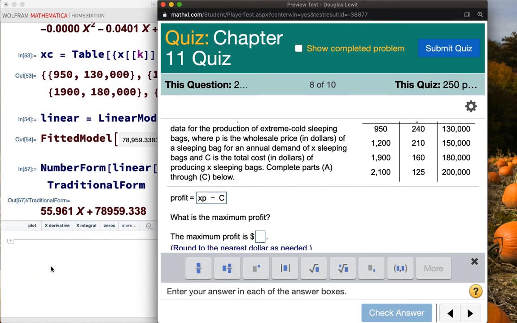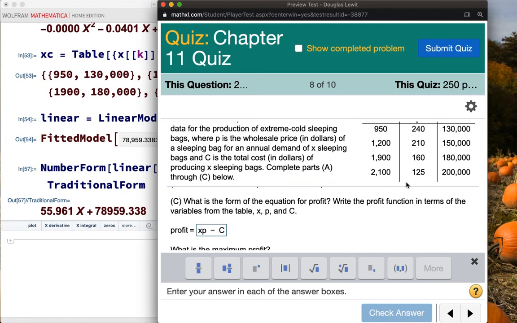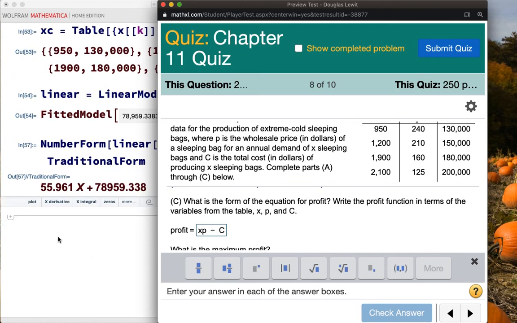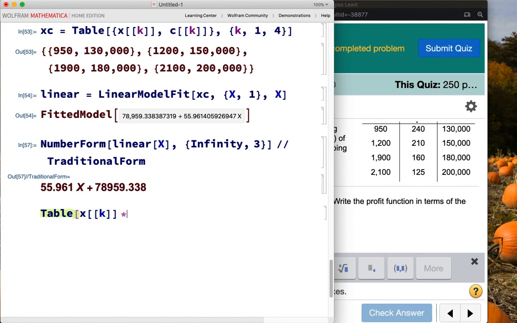Okay, so for this one, what I would recommend doing, let me see. So for this one, what I'm going to do is this. Let's figure out our table. xk times pk minus ck, where k goes from the integers 1 to 4.